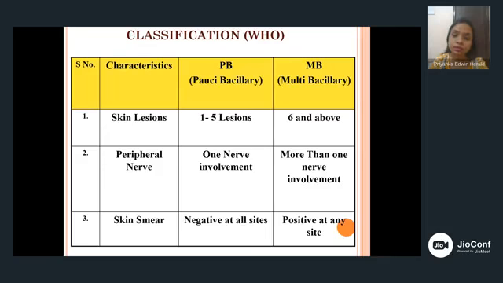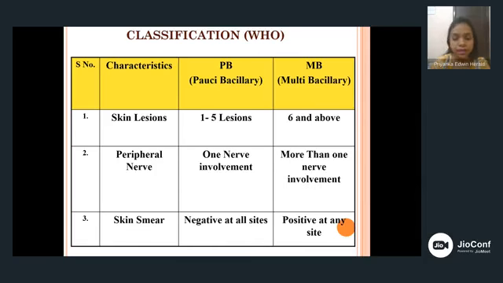Now we come to the classification of leprosy. Leprosy, as you can see, has a varied number of symptoms. So WHO, the World Health Organization, has classified this disease into two major classifications. First is PB, called paucibacillary, and second is MB, multibacillary. Paucibacillary, by the name itself, means the number of bacilli is less, and in multibacillary, the number of bacilli in the body is more.